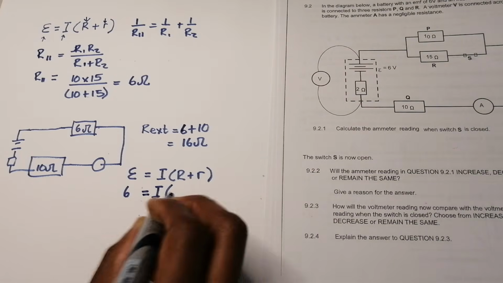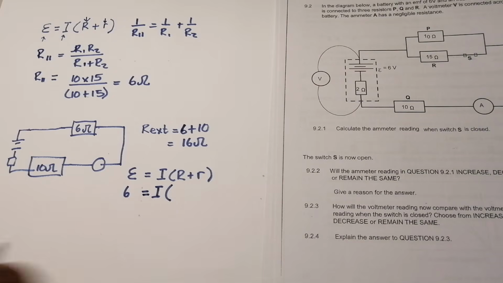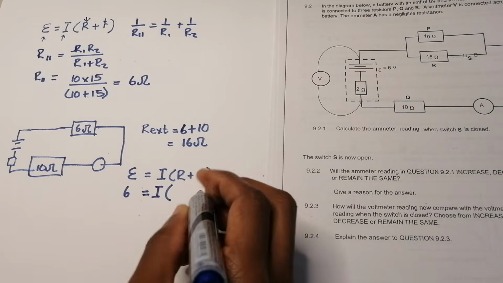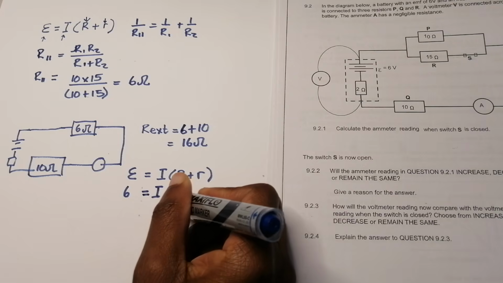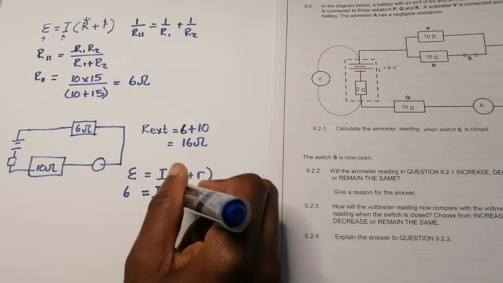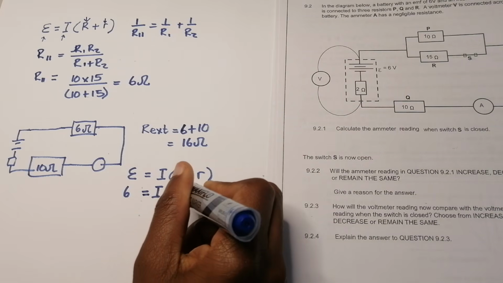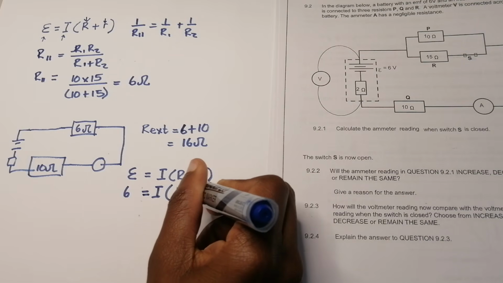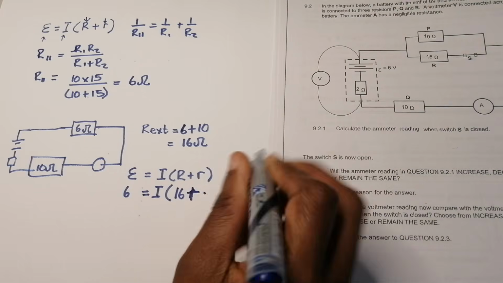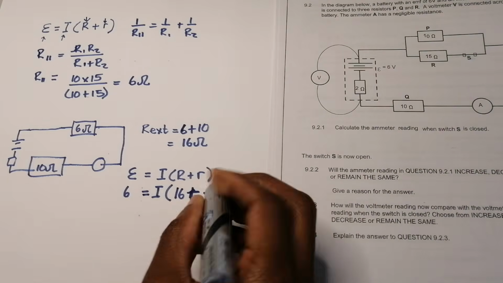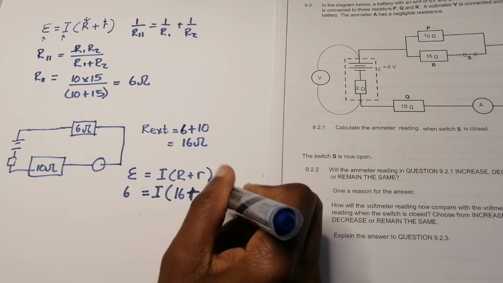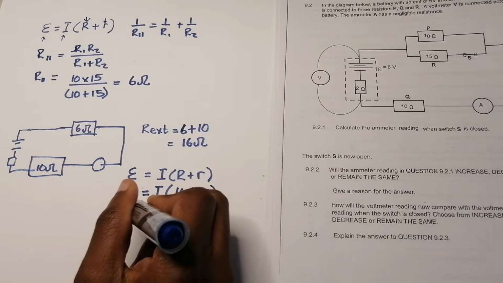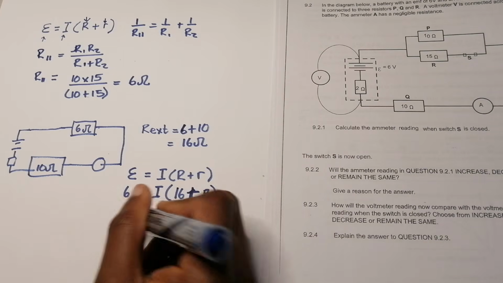If you don't know that, it means you haven't watched our previous videos on circuits. So that's 16 plus the internal resistance, which in this case was given as 2 ohms. Let's calculate our current value quickly.